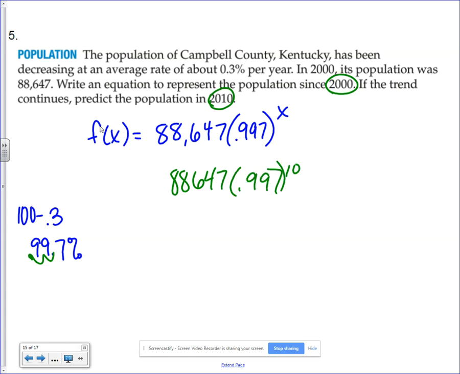Now, again, I don't want you to tell me the number. I want you to look at it, and I want you to see if your answer makes sense. Should your number have gone up or down? Down. So look at the number you have. Did it decrease? Now, did it decrease by a large or small percentage? Really small, right? So it really should not have gone down a whole lot.